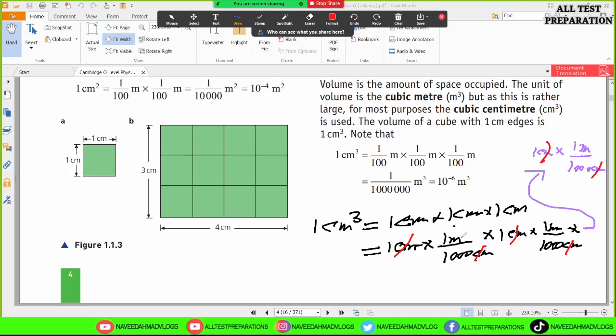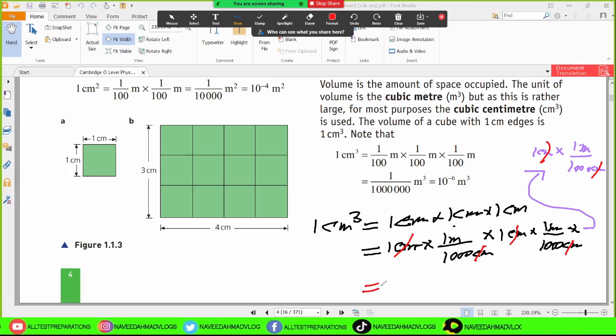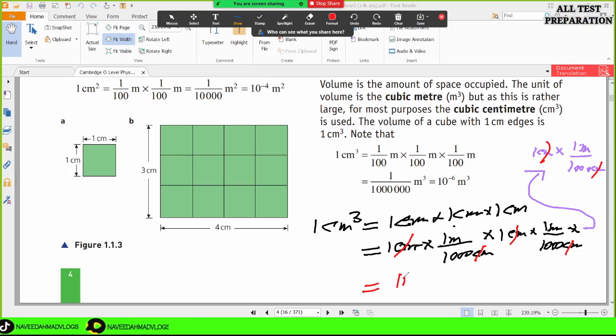So 1 meter will remain here. This will be 1 times 1 times 1, so 1 meter cube, divided by mental multiplication, 1000 times 1000 times 1000, that will give you 1 million.